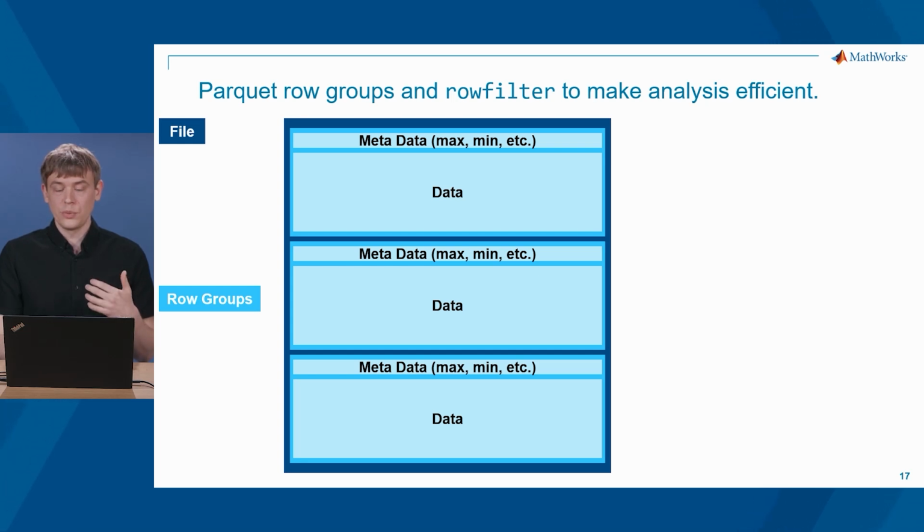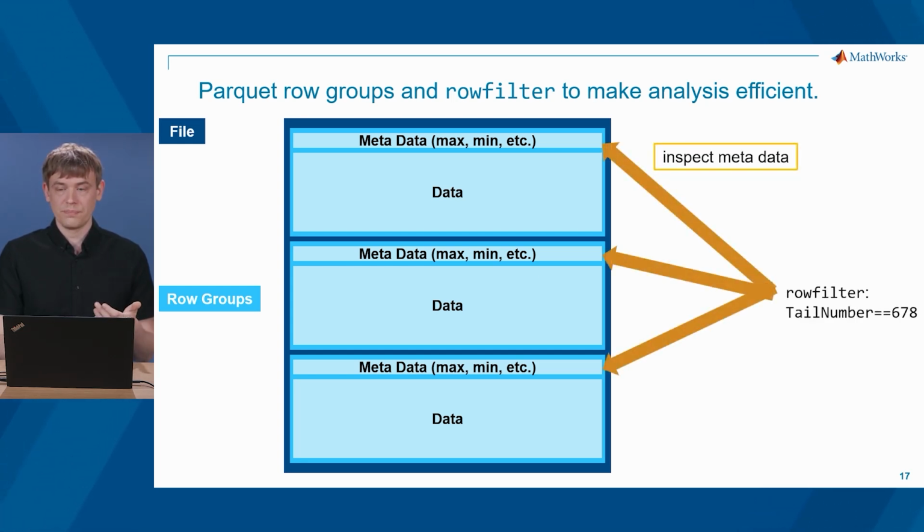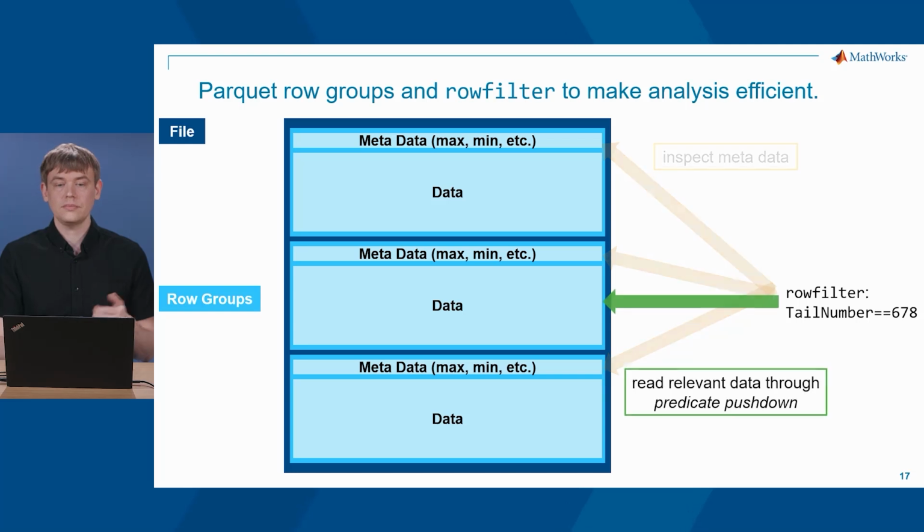When reading data, we can use a tool called row filter to selectively read row groups based on the metadata. For example, if we only want the physical plane with tail number 678, row filter will inspect the min and max of the tail number column for each row group and identify row groups that could contain tail number 678.